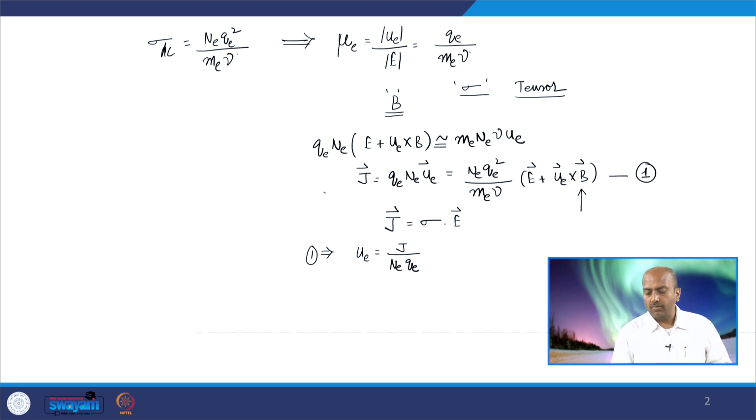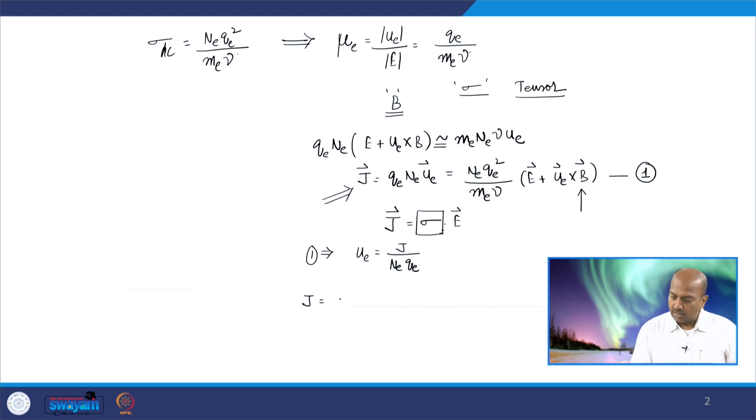We already have this electric field, we have substituted for magnetic field and find out how J will look like and what all will constitute the sigma if this expression has to be valid. So, with velocity written like this, J can be written as, so this is the DC conductivity, we already have this here, right? So, this is the sigma DC. So, we can write it as sigma DC times E plus velocity J by NE QE cross B.